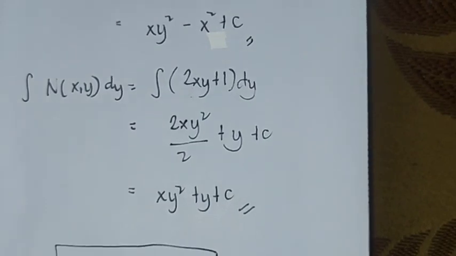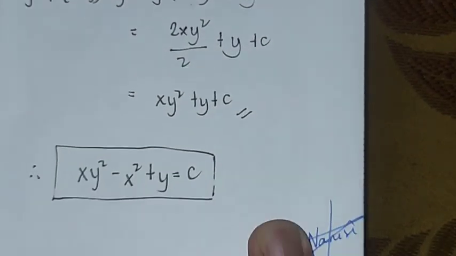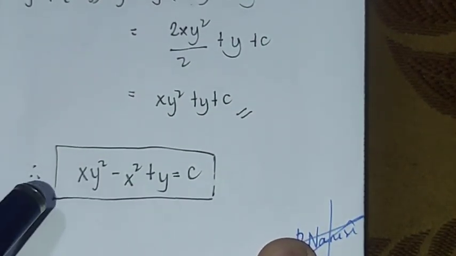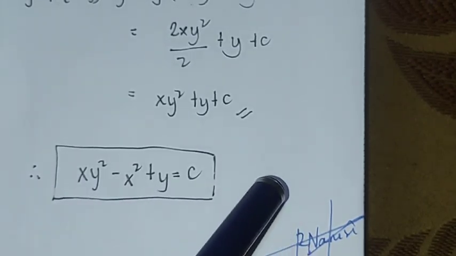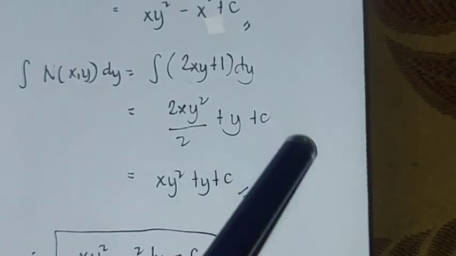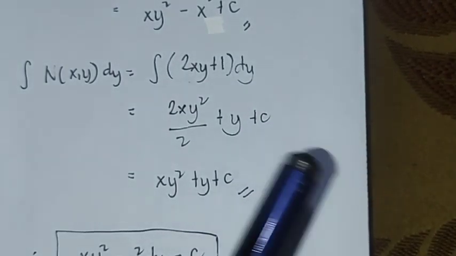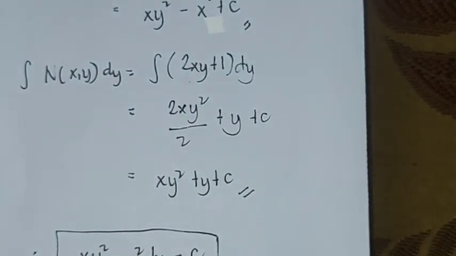Pag kinombine mo, constant pa rin. So, pag minerge mo sila, xy squared minus x squared plus y is equal to c. So, paano tong c? Kasi ang c, kahit i-transpose mo to the left or to the right, pag sinabi yung constant, plus c lang yan. So, okay, malilito sa sign ng c.